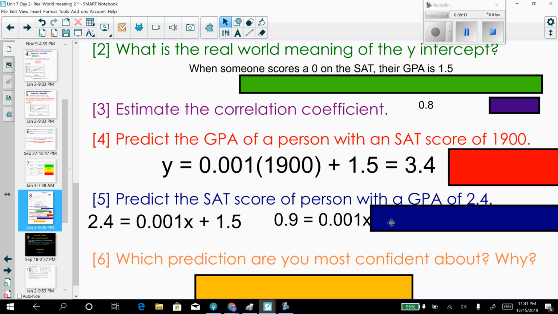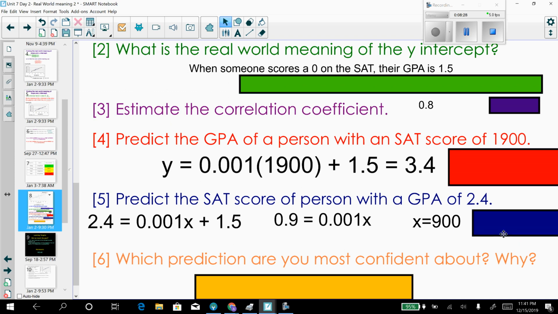When we do that, we get 0.9 equals 0.001x. Then we're going to divide both sides by 0.001, and we are going to get a score of 900. Now, I want you to pause the video if you didn't understand what I did here, and I want you to try and work them out, and then go back and rewind if you need help.